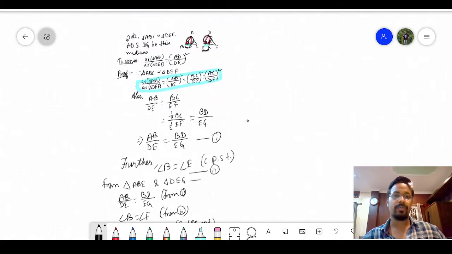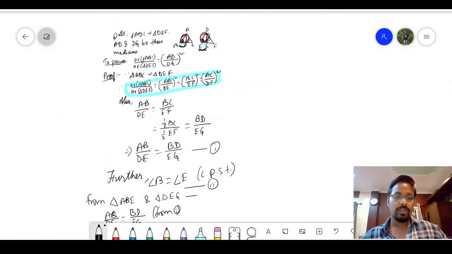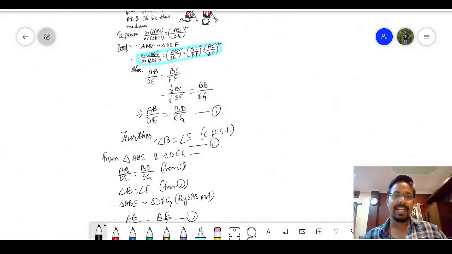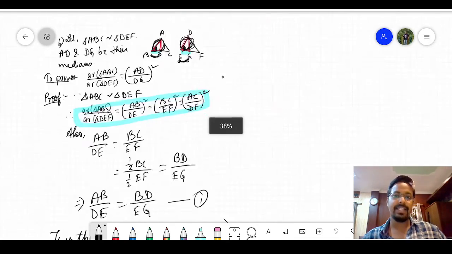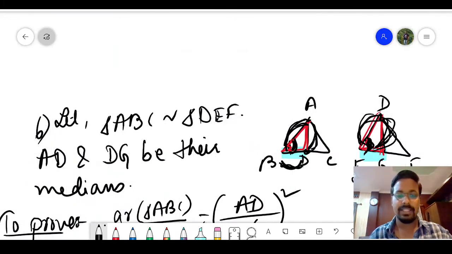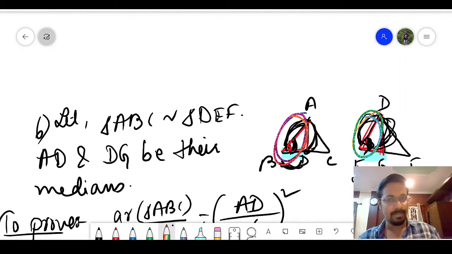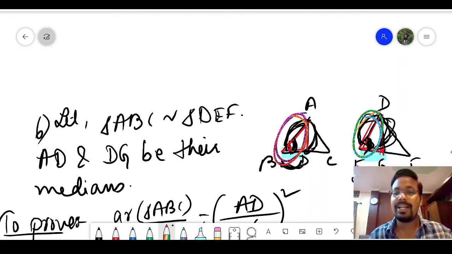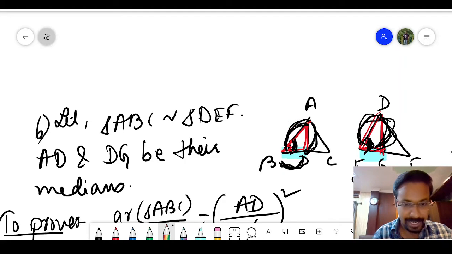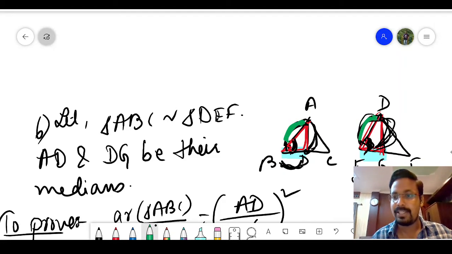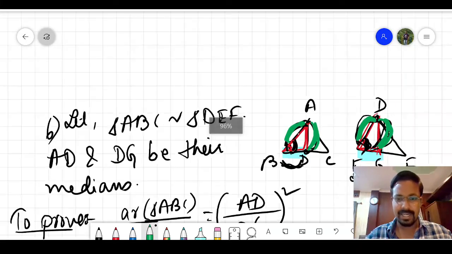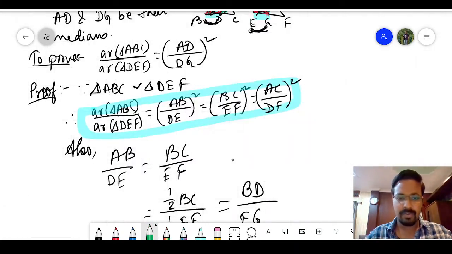Okay, so first of all what we did, we tried to prove that the two triangles ABD and DEG are similar. Once we could do that, we could write that AB by DE is equal to AD by DG. Let me see where I went wrong, what I wrote wrong.